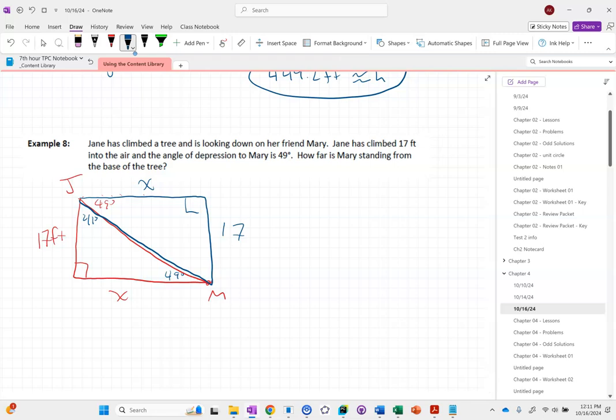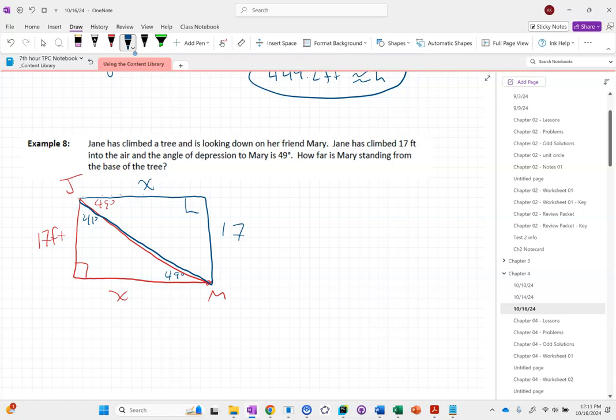Any one of those three ways of doing it are appropriate and correct. So whether you find the 41, whether you put the 49 down at M, or you draw the blue triangle, any of those is fine. What you can't do is put the 49 where we wanted to initially. So far, so good?